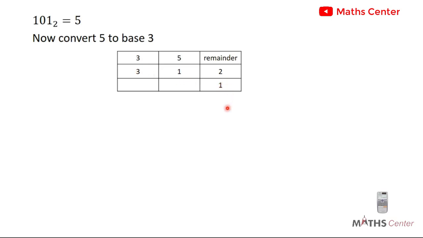So if you convert 5 from base 10 to base 3, it is 1, 2 base 3. We can see from here that 101 base 2 is actually 1, 2 base 3, since 5 is the same as 101 base 2. So we have now converted 101 base 2 to base 3.